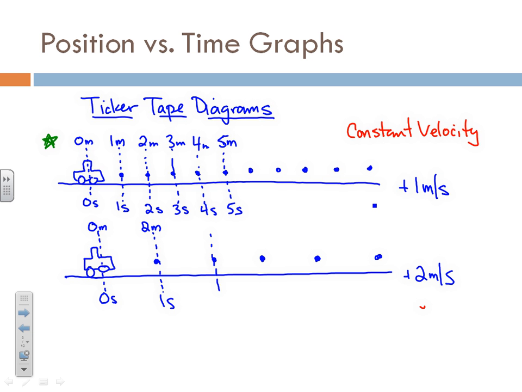At 2 seconds, we would be at 4 meters. At 3 seconds, 6 meters. At 4 seconds, 8 meters. At 5 seconds, we'd be at 10 meters. So we see the spacing of the dots is a little bit farther apart on our ticker tape diagram.